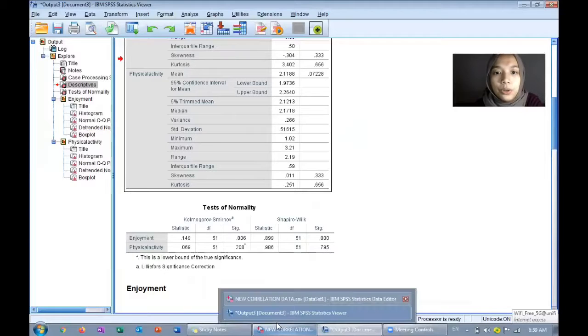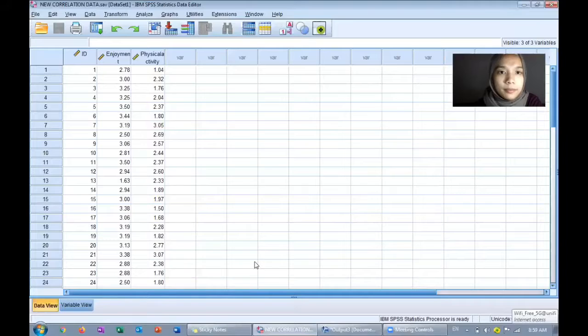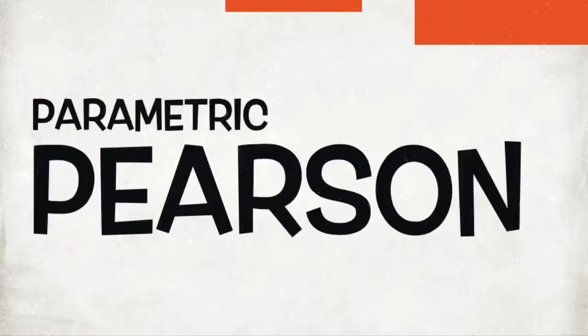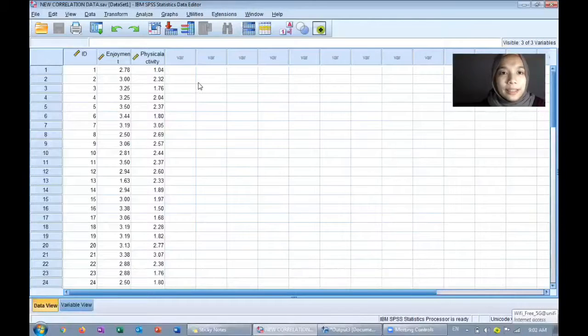So now we go to the data bank. After doing the normality test, we have to do the inferential statistic. The normality test shows that this data is normally distributed when we refer to the skewness.